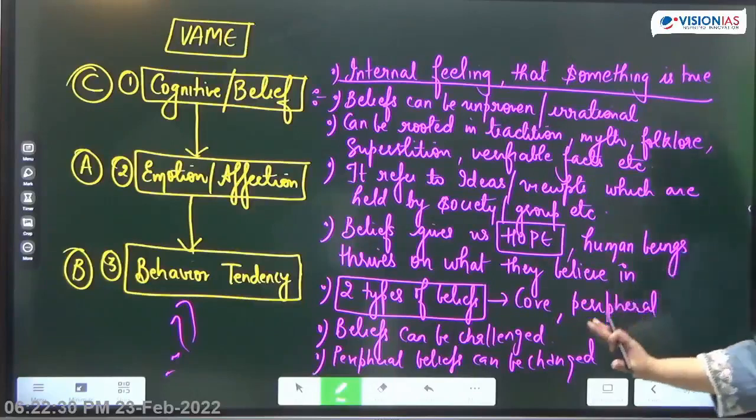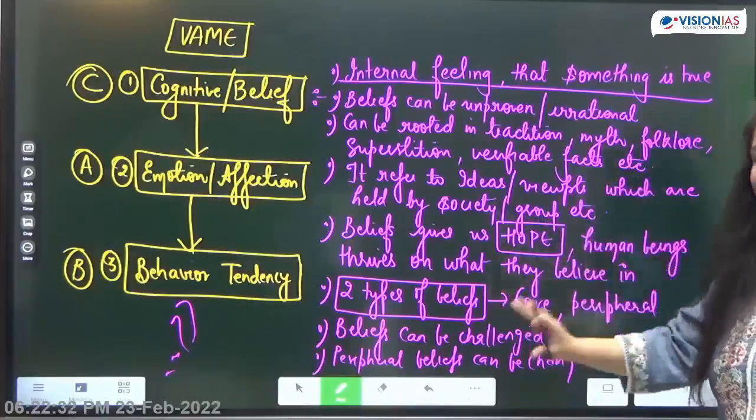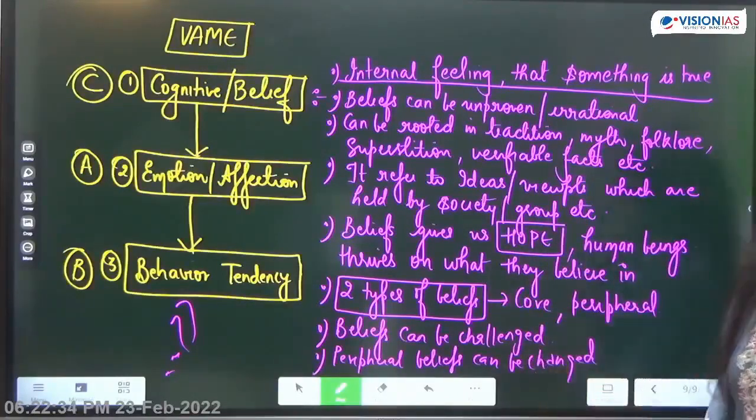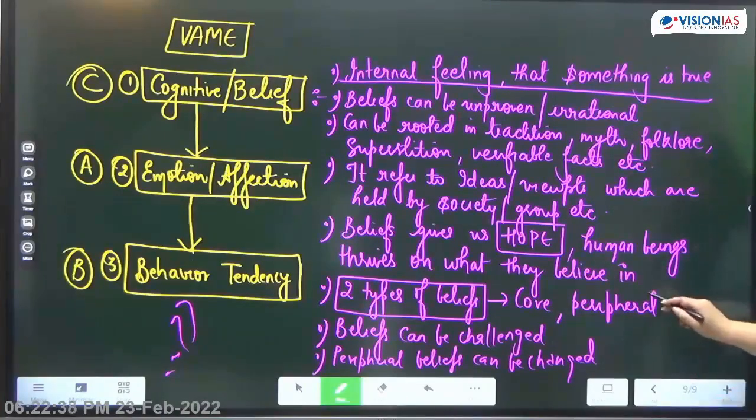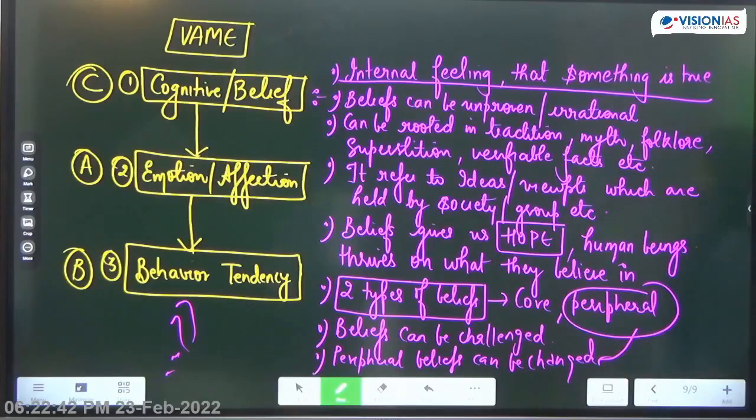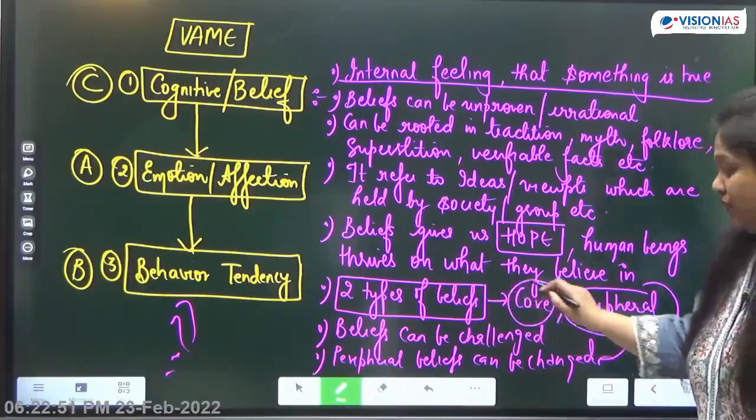Beliefs can be challenged. Whatever you believe in, it can be challenged. Right? However, it is the peripheral beliefs which can easily be changed. However, it is very difficult to change your core beliefs.